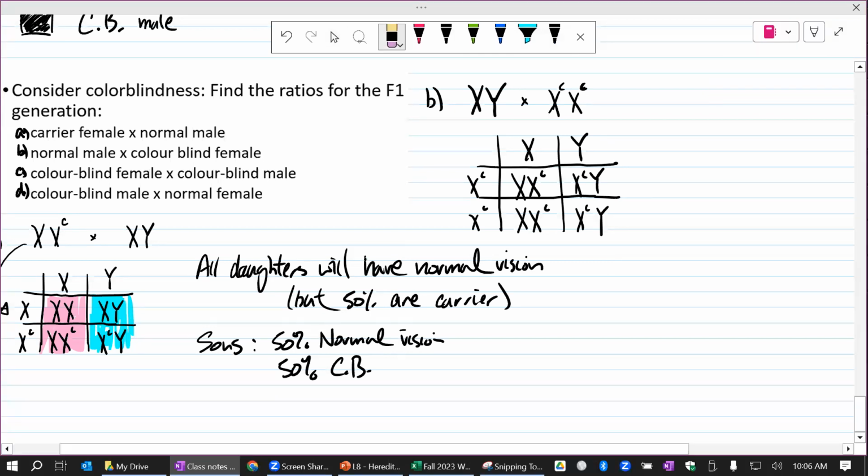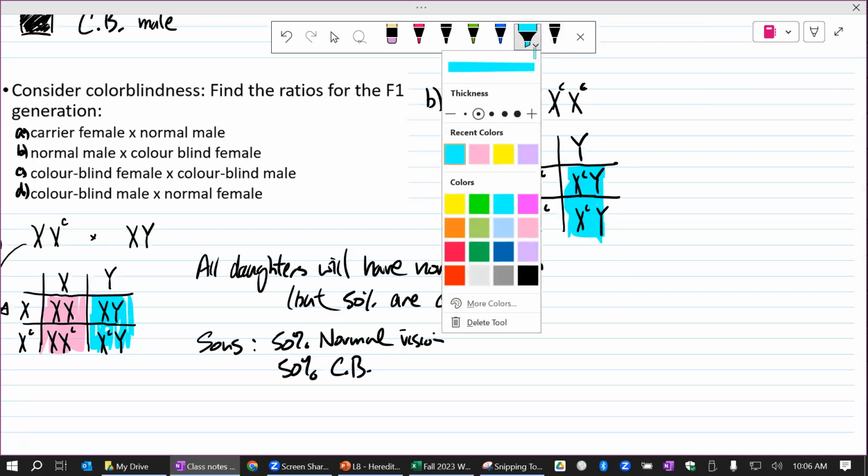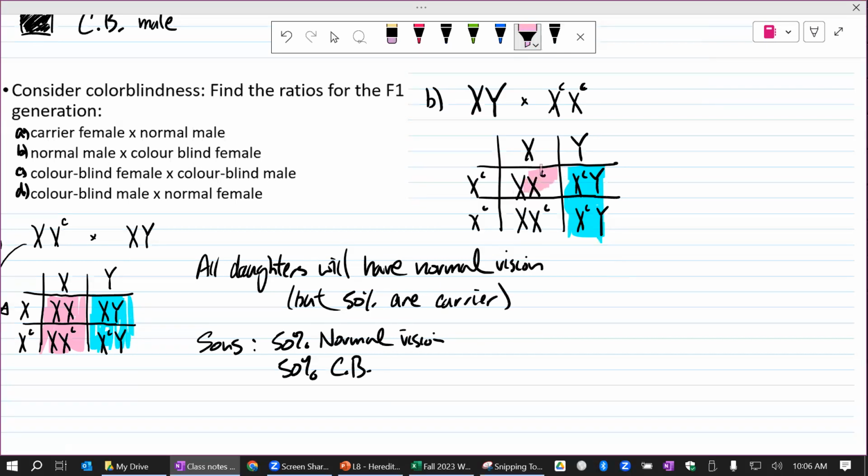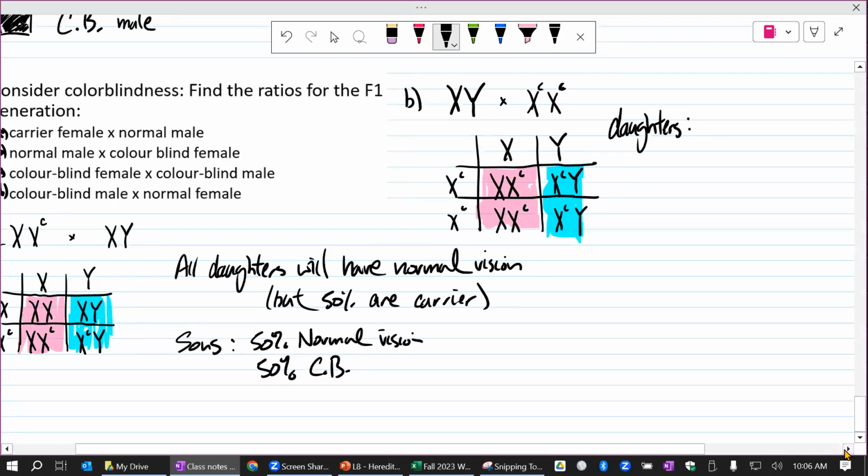All right, let's see. So for the boys and for the girls. Okay. What can you say about the girls, the daughters? What's going to happen to the daughters? Are they going to have color blindness or no color blindness?